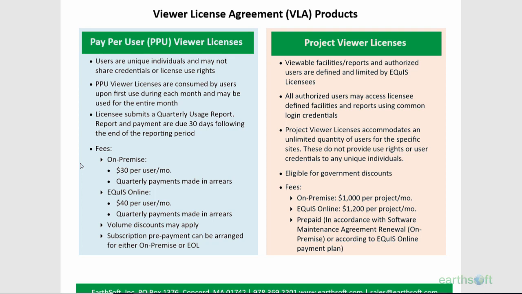That is in contrast to the project or public viewer licensing, which doesn't require a username and password. It's set up for public viewing through a URL. And that is for anybody and everybody, because generally for these public views, you can't license each individual that might be accessing the site.